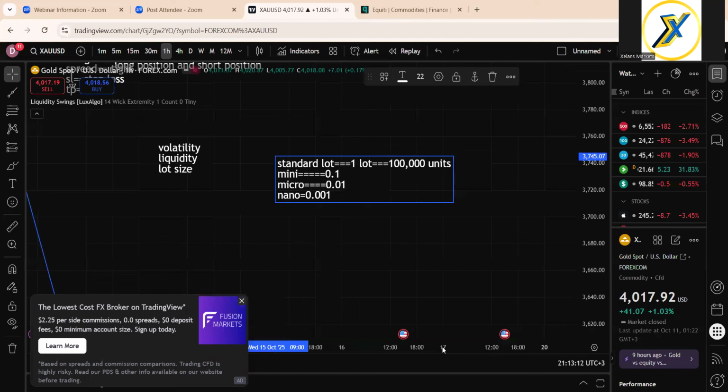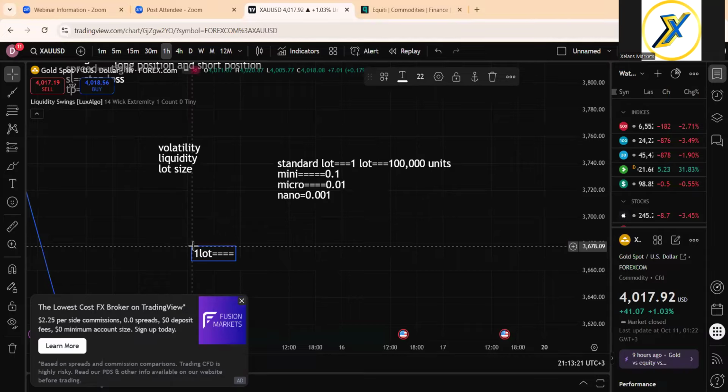So if Euro USD moves one lot, it means that you're making or losing $10 per pip. Okay, but if you're using 0.1, it means that you're making or losing $1 per pip.